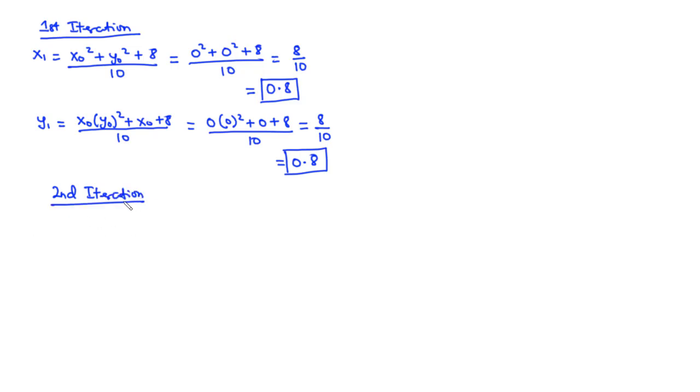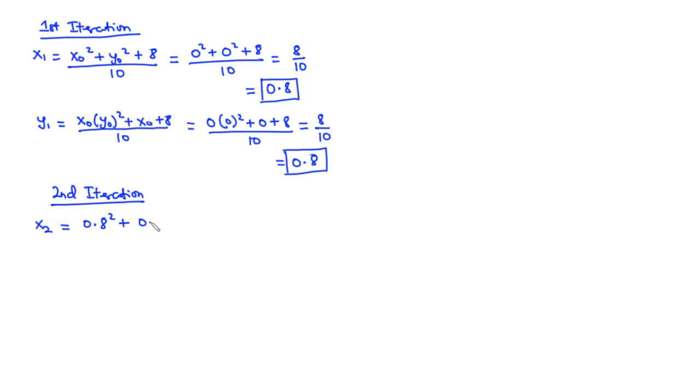So for the second iteration, we are going to find x2, y2. So we are going to have x2 to be equal to x1 square. So the value for x1 is 0.8. So we have 0.8 square, that is from here, plus y1 square.